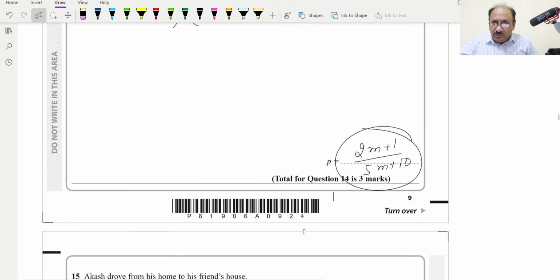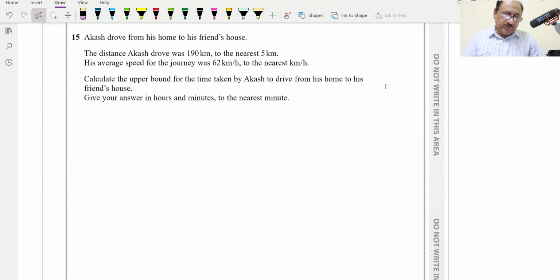Hopefully you understood this. Question number 15. Akash drove from his home to his friend's house. The distance Akash drove was 190 kilometers to the nearest 5 kilometer. So for 190 kilometers, we can write upper bound and lower bound.